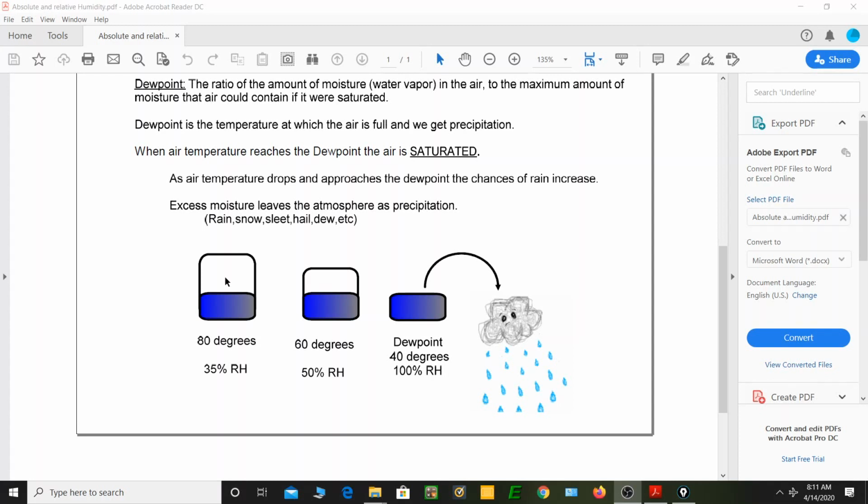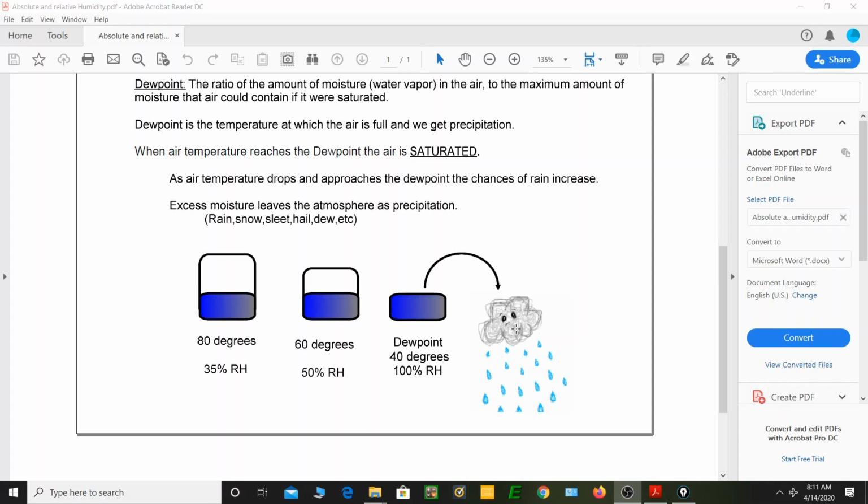So here we have 35 degrees relative humidity, the same absolute humidity, total water in all parcels of air, but as the air temperature decreases, our container, our air, gets smaller, and eventually it comes out as rain.